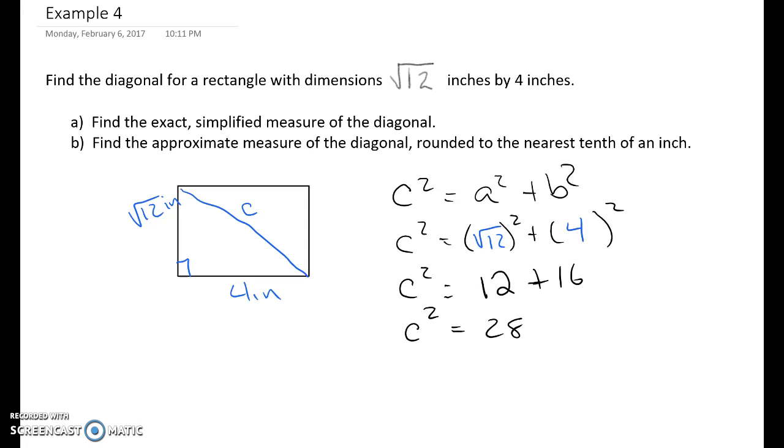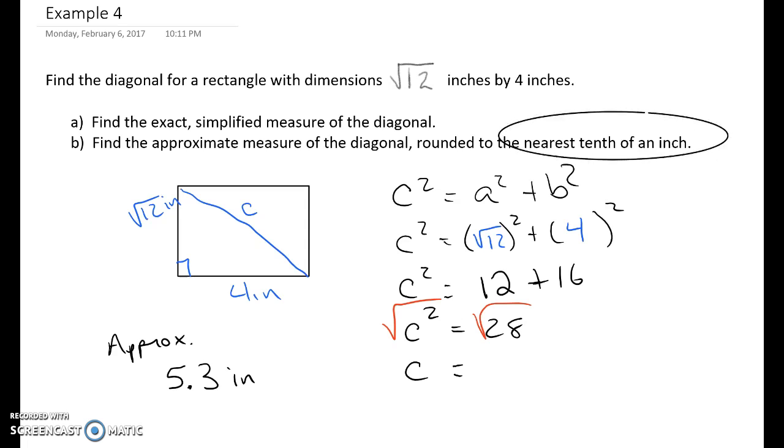When I get to the step that C squared equals 28, I will solve that by taking the square root of both sides. Again, if I work that out on my calculator, I will get a decimal answer. That's my approximate answer. In this case, it's 5.3 inches. This problem asked me to round to the nearest tenth of an inch. I'm rounding to the tenth.